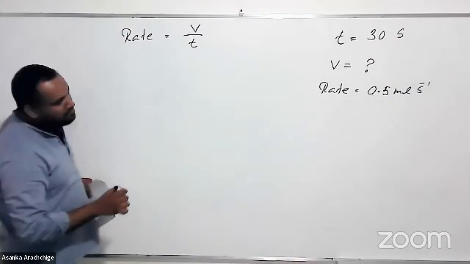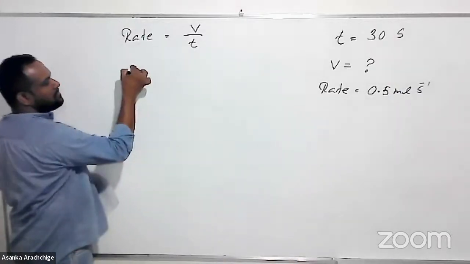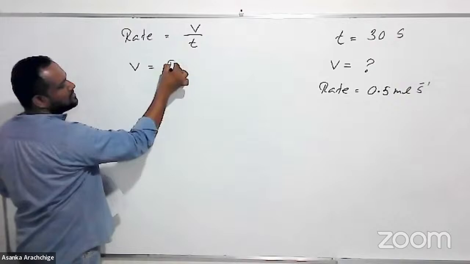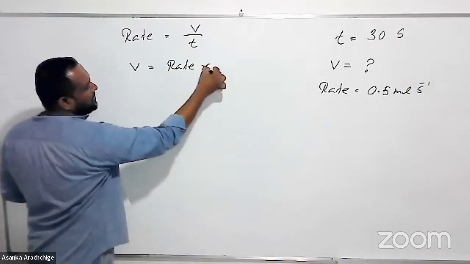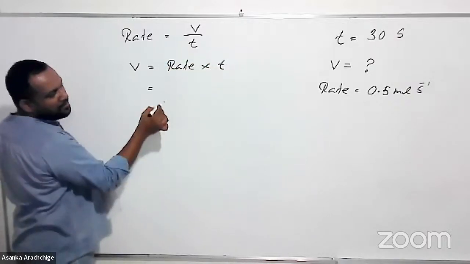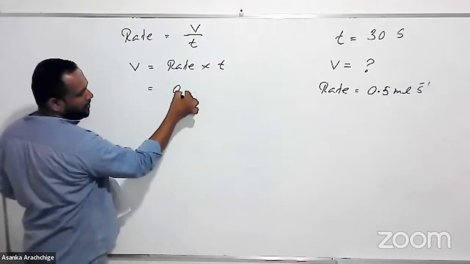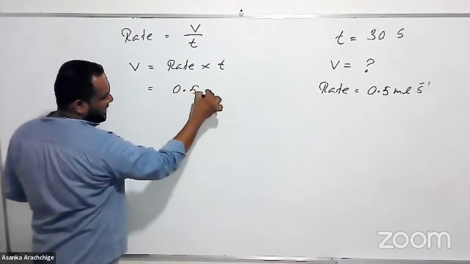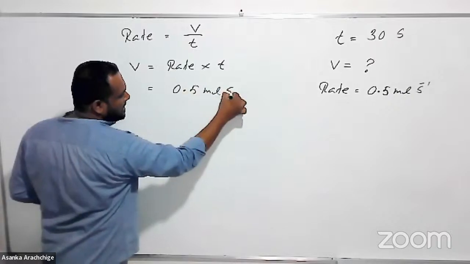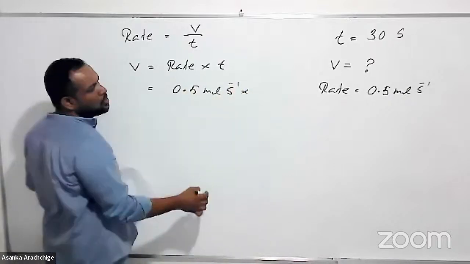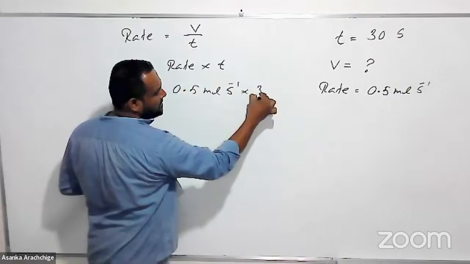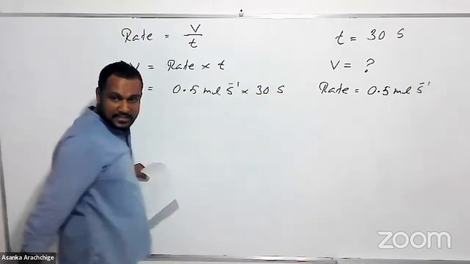So we have to find volume. Then do the cross multiplication. V equals rate times time. Rate is 0.5 milliliters per second. That should be multiplied by the time, 30 seconds. Clear?